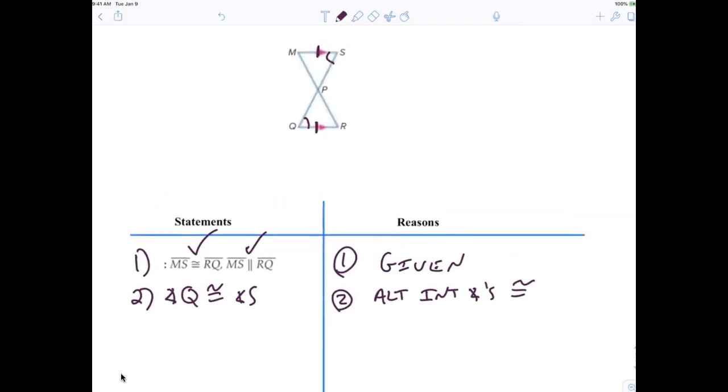Now here's where some of you could deviate a little bit from the possible solution. You could say what else? Dalton, now, what vertical angles? MSP and MSP? Where do you see that's vertical?